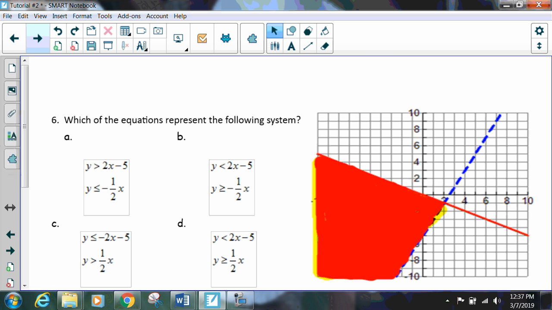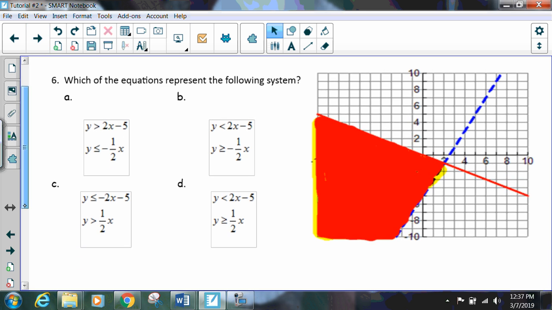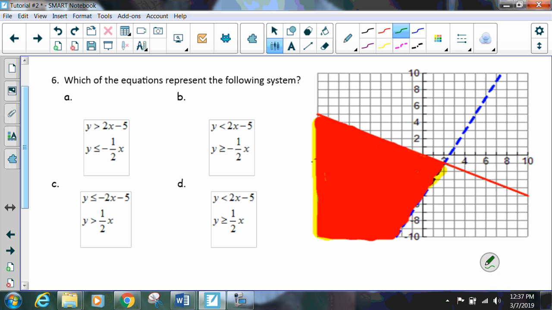It says, which of the equations represent the following system? So instead of graphing, we're looking at the graph and deciding what fits what. All right, we can see that we're really dealing with the same lines, right? 2x minus 5, negative 2x minus 5.